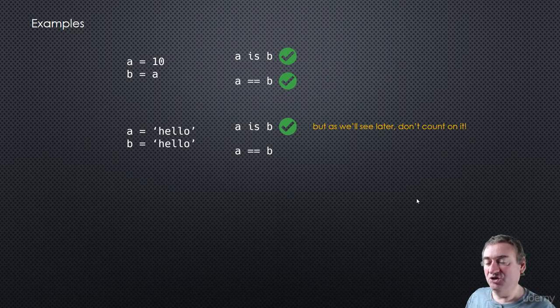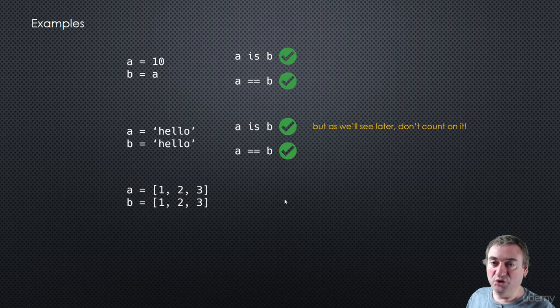This is why, in general, when you want to compare the values of two variables, you're going to always be using equals. It is rare that you're going to use is, because is compares memory addresses. So a == b will return true, and in this case only, a is b will also return true. But if this was a different string, a is b might not return true, so don't count on it.